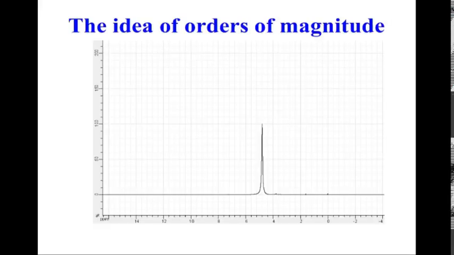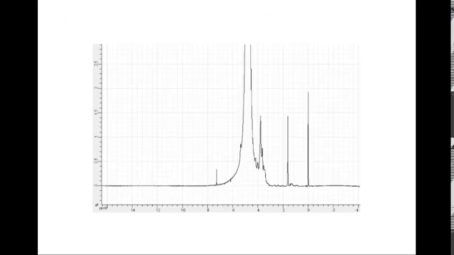We have to get a very clear idea in order to make the analysis, and I call this the idea of orders of magnitude. So imagine that you have a spectrum. Here it is a nuclear magnetic resonance spectrum. If you are far away, you see only one signal. It is very simple. So indeed, because it is 4.7, it is water.